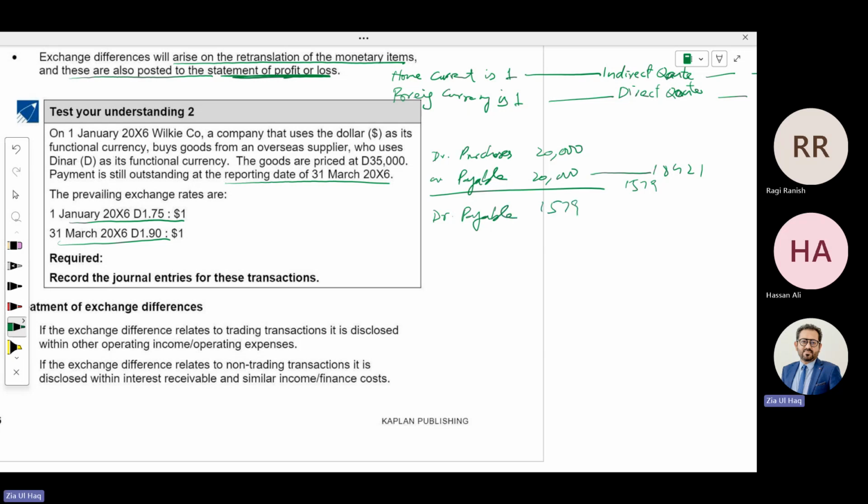By debiting it in our records, it will automatically be 18,421 in the payable ledger. And credit we will charge to the profit and loss account. In the profit and loss account, what is going on credit? Gain. Exchange rate gain. Foreign exchange gain.